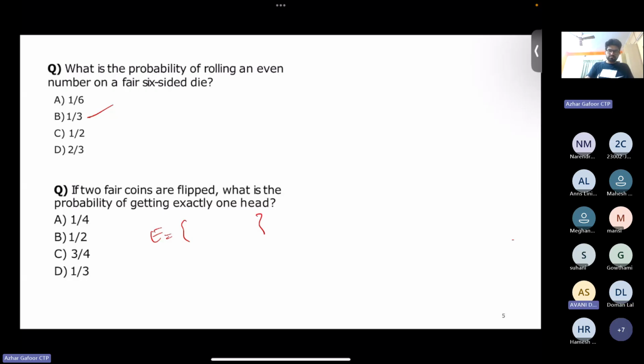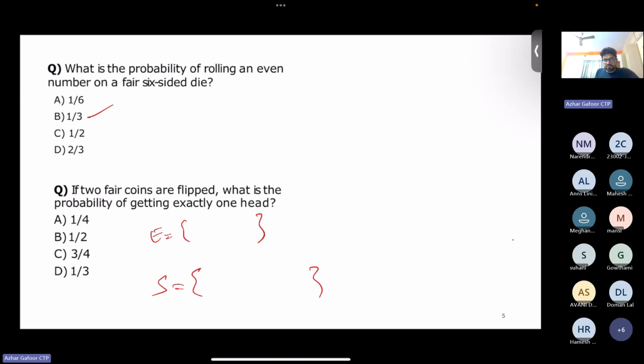Head for the first coin, head for the second coin, tail, and then 4 combinations like that. So total sample space is 8, like that I evaluated. How is it 8? First let's write the total sample space. We have 2 coins.